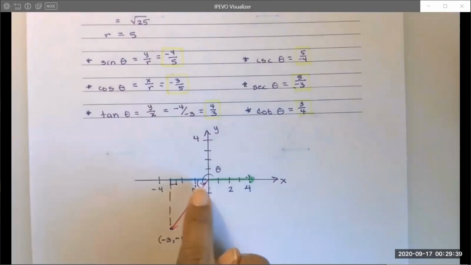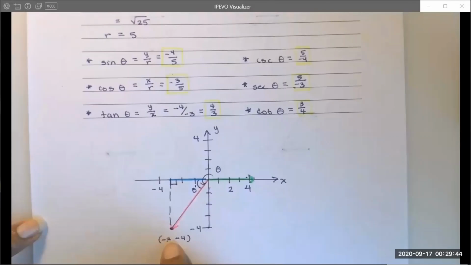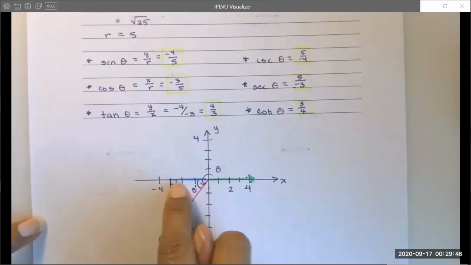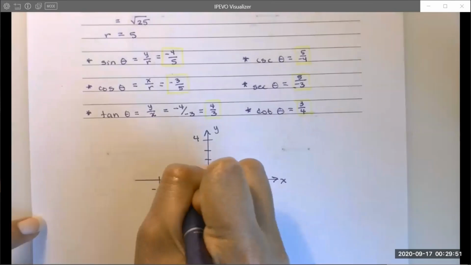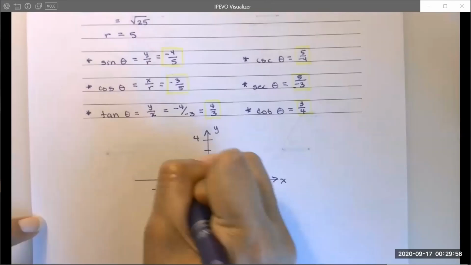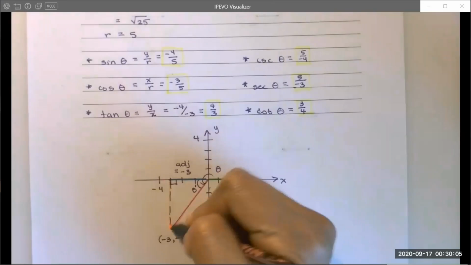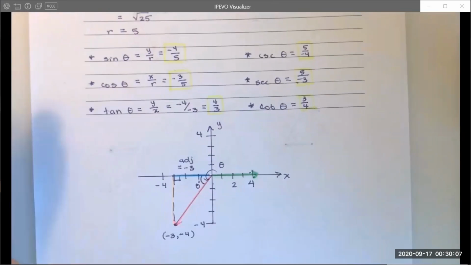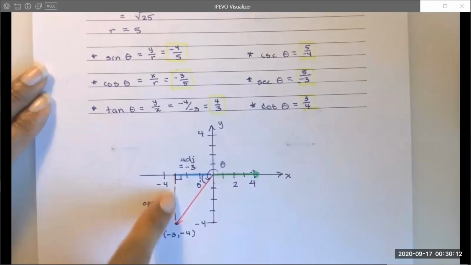Okay, this is my right triangle. I know what this side is, right? I know the point is -3, -4. So that means that in this direction we move -3. And that also happens to be the adjacent side. So the adjacent side is -3. Now this side that's vertical is my opposite side. And I also know what it measures along with the direction.